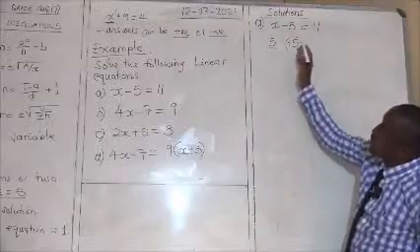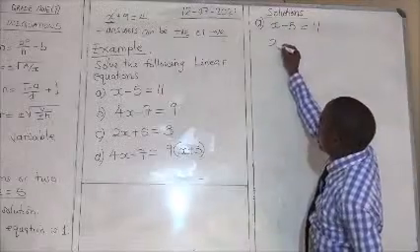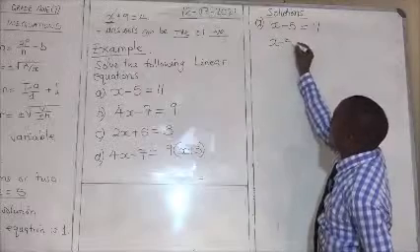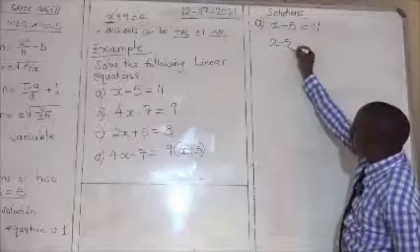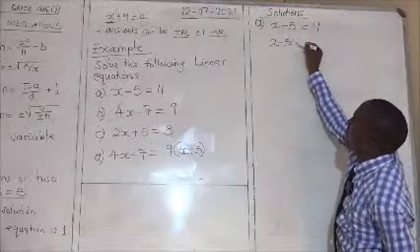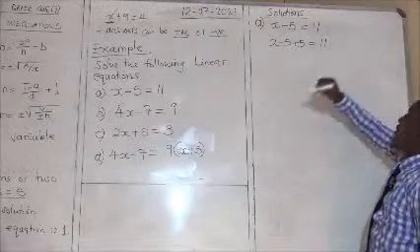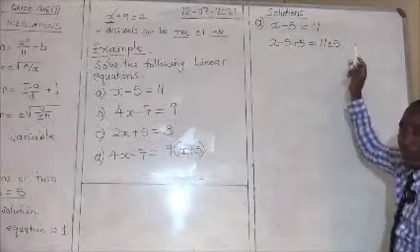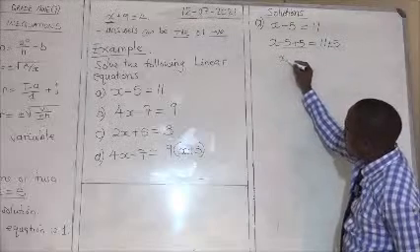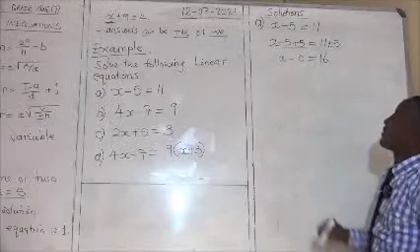And what we are going to say is that we have x minus 5. Then we use the additive inverse, which is the same number. Now with this side, we should do the same on the other side. Then 11 plus 5, we are going to have 16.